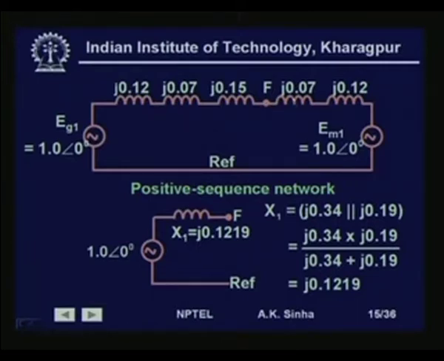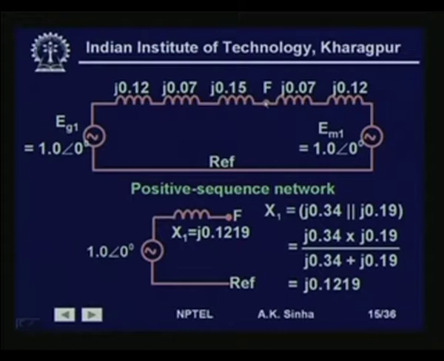So this is the fault point, and we have this transformer reactance of 7%, that is j0.07. This is the subtransient reactance of the motor, so this is j0.12, 12%. The voltage is given as 1 per unit. Since there was no current flowing initially, the voltage angles are also assumed to be 0 degrees. So this is our positive sequence network.